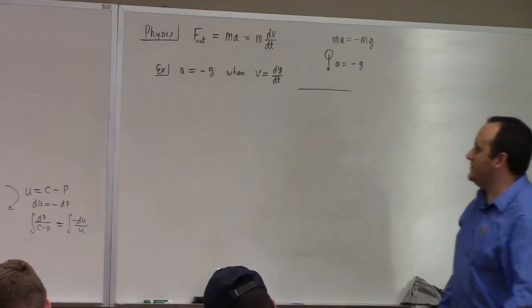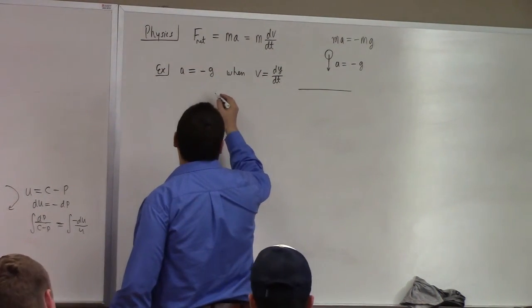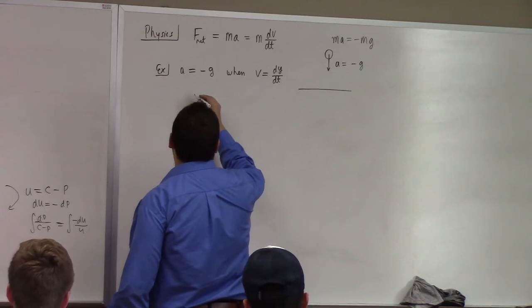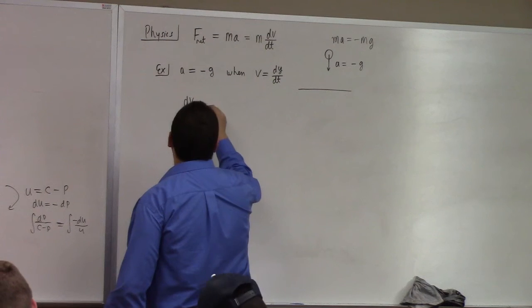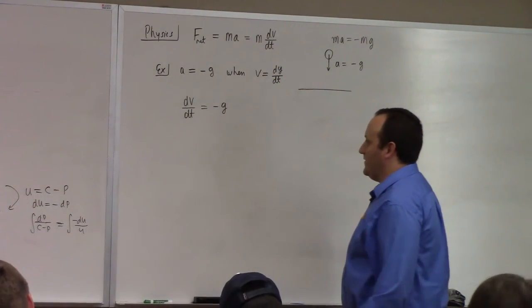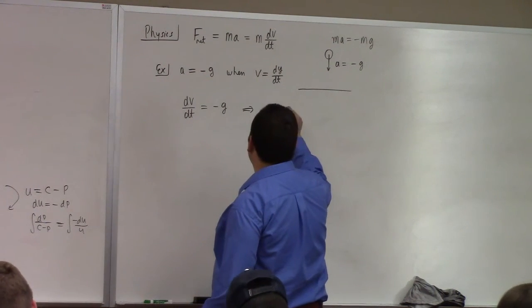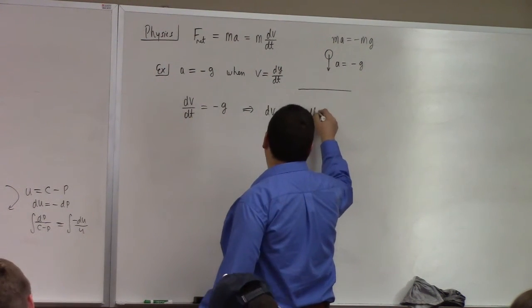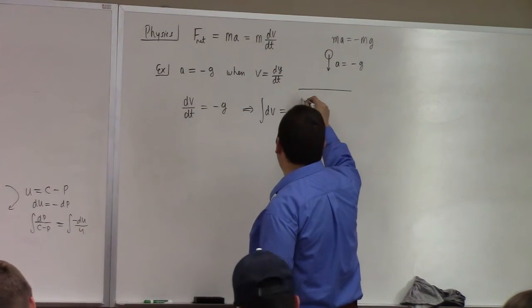Okay, so now this is kind of boring what I'm doing at the moment. Let me just get here. So we got dv/dt equals minus g. So we can separate variables. You're like, okay, integrate.